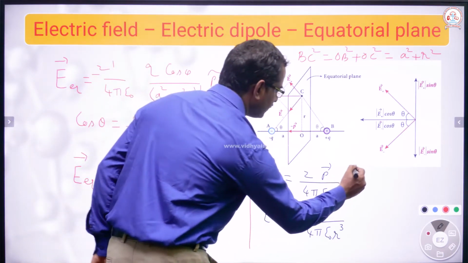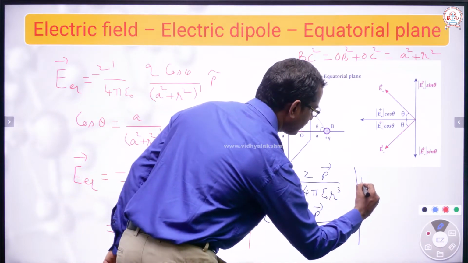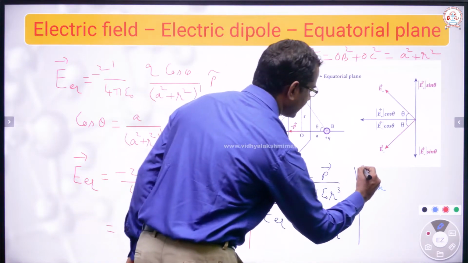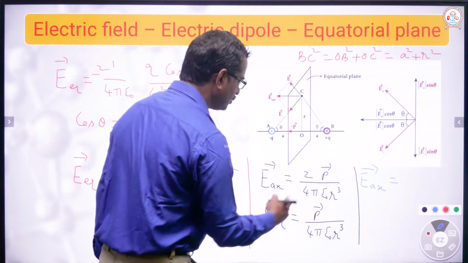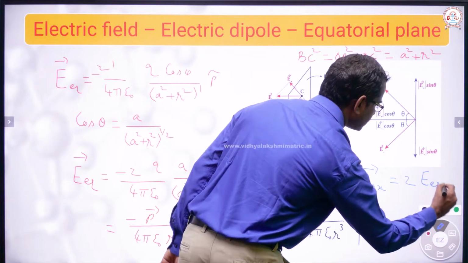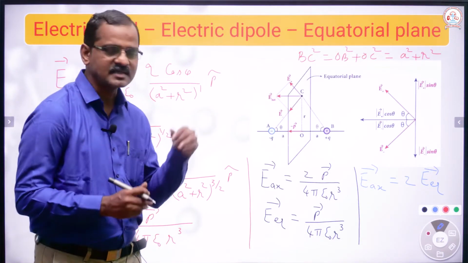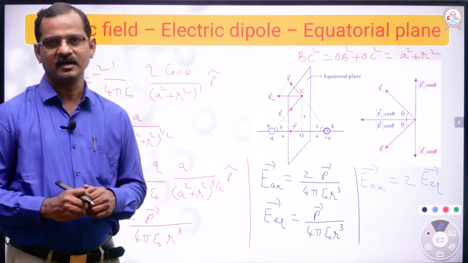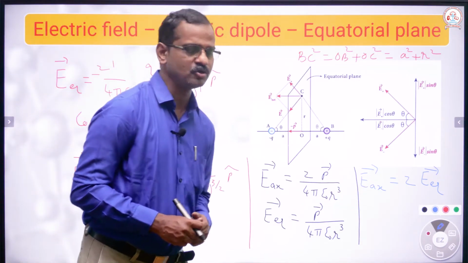So the comparative equation we can write is that the electric field along the axial line is equal to 2 times the electric field along the equatorial line, in case the point C is considered at the same distance from the center of the electric dipole. This comparative equation we should know.